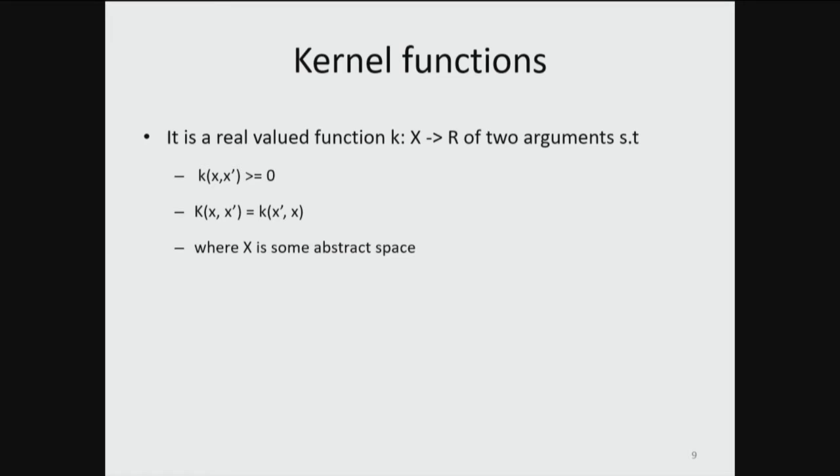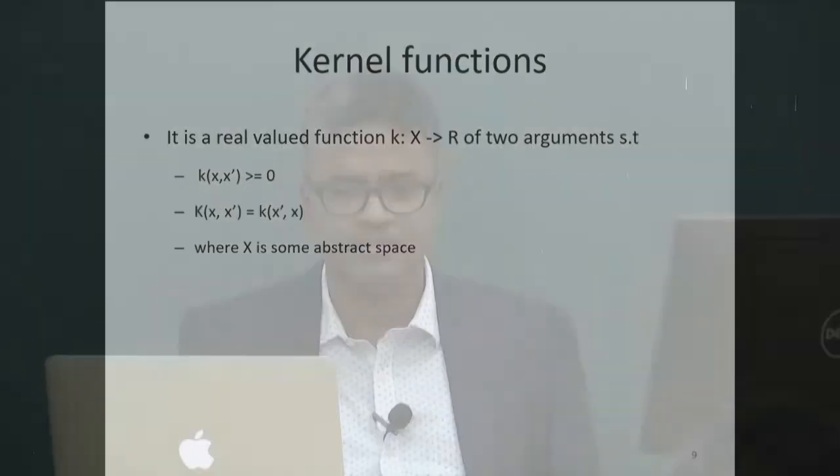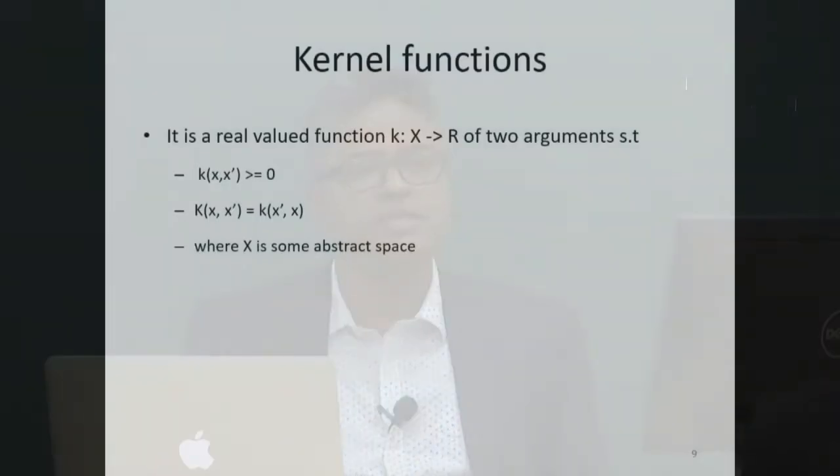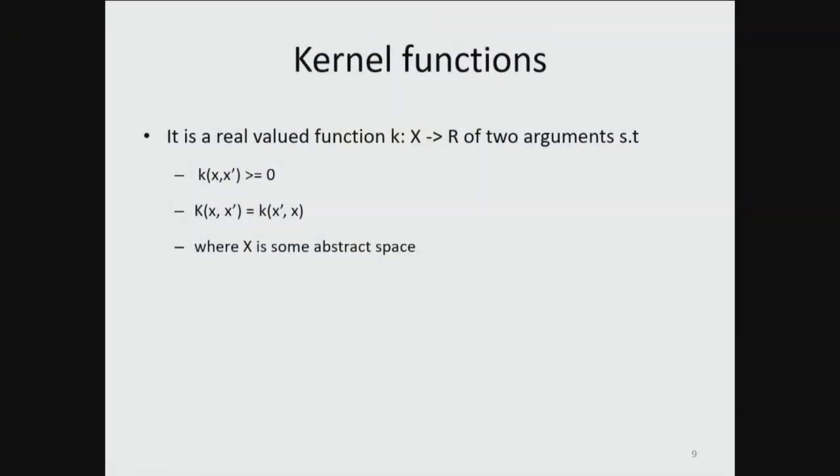With that background of objects not having fixed length, we could introduce what a kernel function is. A kernel function is a real valued function from a set x to the set of real numbers of two arguments, such that k of x, x dash is greater than or equal to 0 and k of x, x dash is equal to k of x dash, x, where x can be any abstract space.